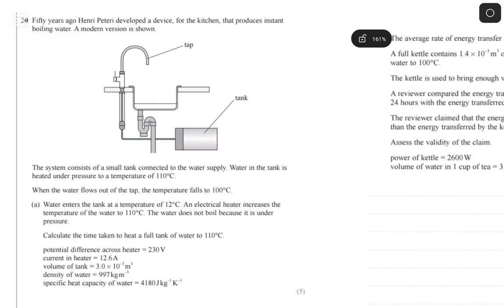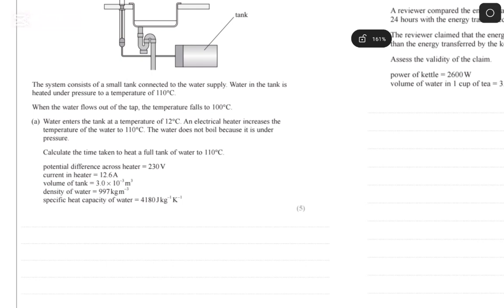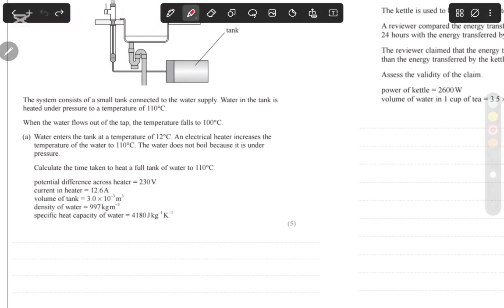50 years ago, Henry Petrie developed a device for the kitchen that produces instant boiling water. A modern version is shown. The system consists of a small tank connected to a water supply. Water in the tank is heated under pressure to a temperature of 110 degrees.